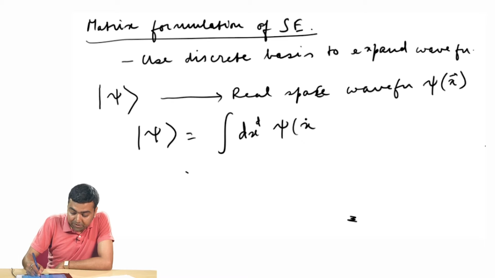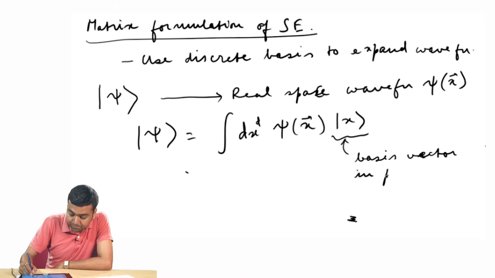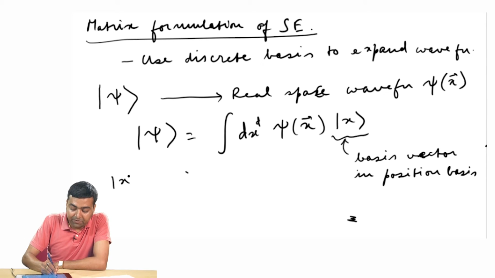Recall that this |x> is my basis vector in the position basis. What |x> represents is a particle localized at position x.